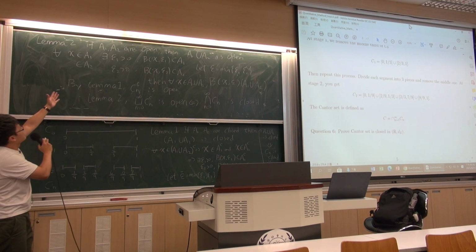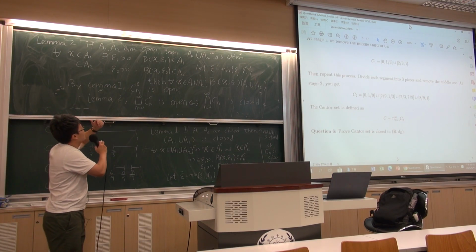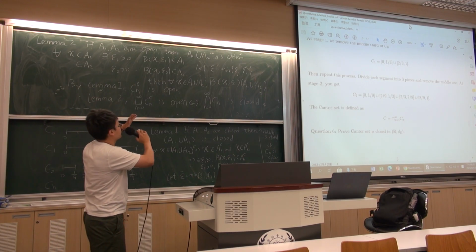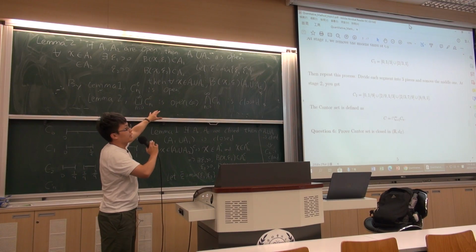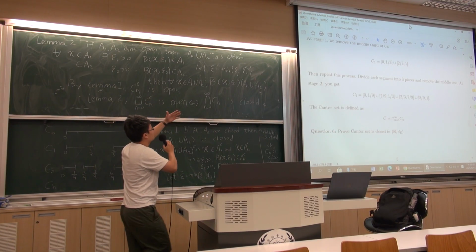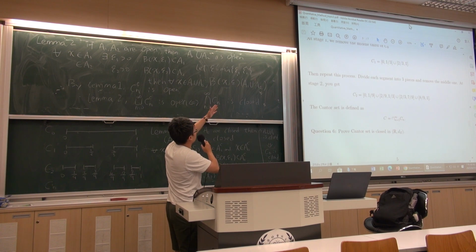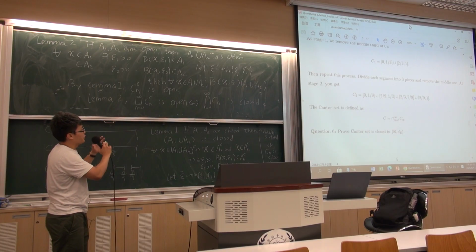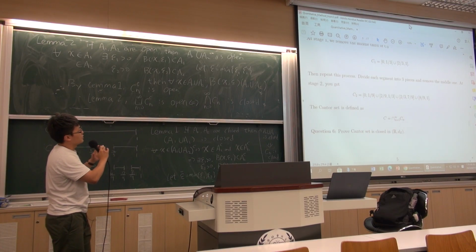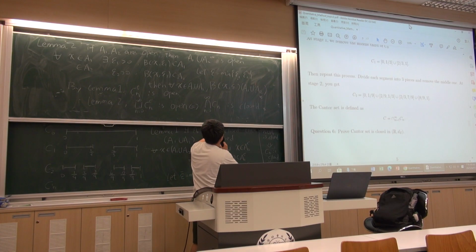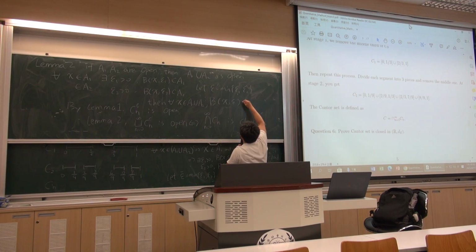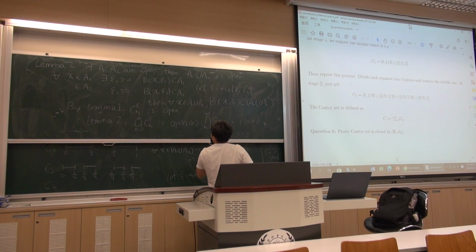For all x in A1 and A2, we can find epsilon 1 and epsilon 2 that open a ball contained within A1 and A2 because they are open. Then again, you pick epsilon, the minimum of these two, and open another ball contained within the union of these two open sets.